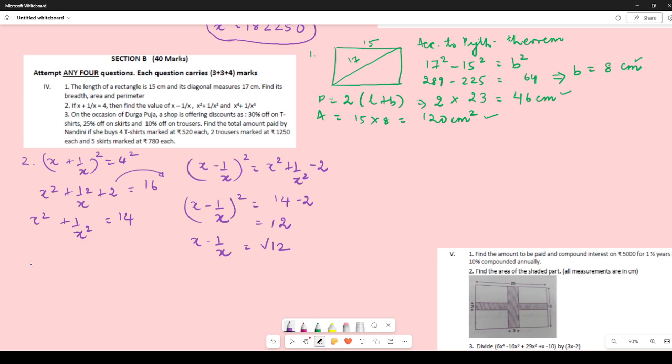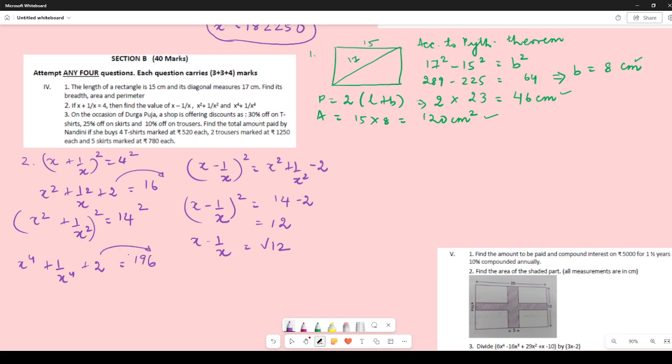Now what about x to the power 4 plus 1 by x to the power 4? So let us square this, right? So once you start to square this, what do you get over here? X to the power 4 plus 1 by x to the power 4 plus 2 is equal to, what is 14 square? 196.